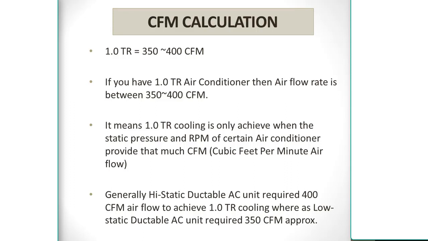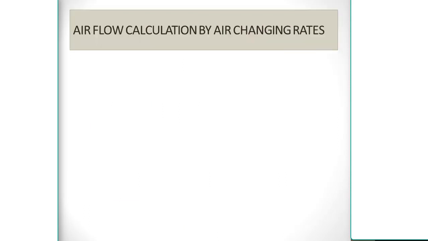Generally, a static ductable AC unit requires 400 CFM airflow to achieve 1 TR cooling, whereas a low static ductable AC unit requires 350 CFM approximately.